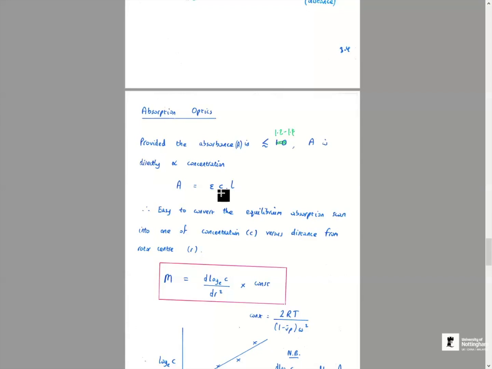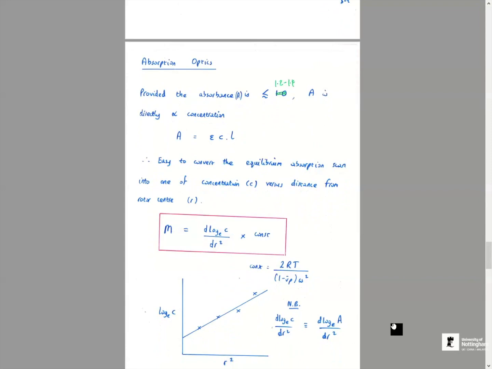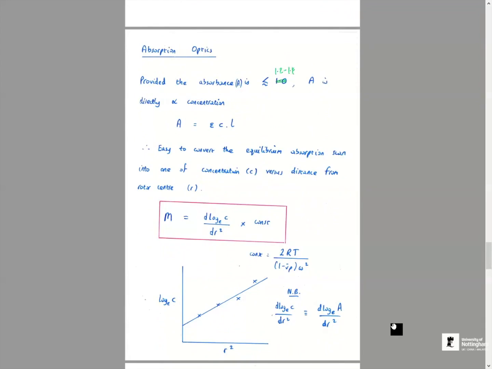You don't have to convert to grams per mil. This is because what we're measuring is the slope of a plot of concentration, logs to base e, against distance squared. Now the nutrition and food science students have used logs to base e before.